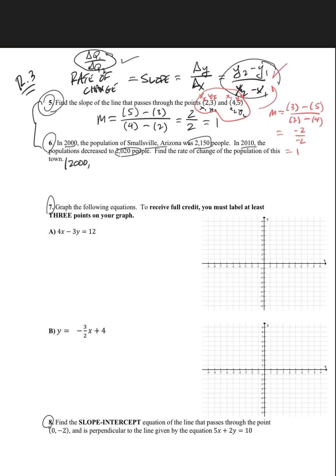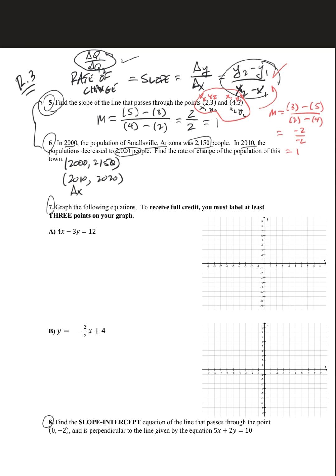The first ordered pair is we have a year, 2000, and we have a population, 2150. And then if I'm going to choose my year to be the x-coordinate, my next data point would be 2010, 2020.